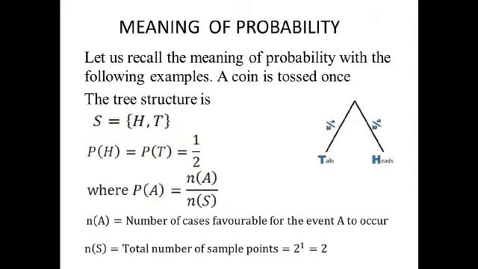So in this particular example, P(H) is equal to P(T), that is, the probability of head is equal to the probability of tail, which is equal to half. The total number of sample points in the sample space is 2, so n(S) is equal to 2 power 1 when a coin is tossed once.